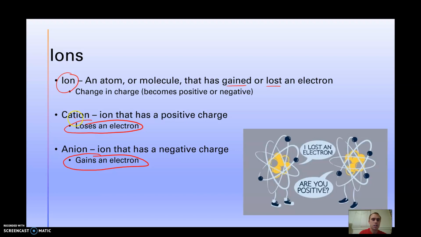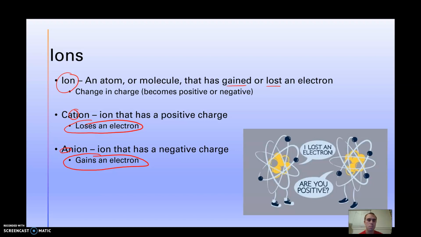Cations are positive, and in the word cation, the lowercase t gives you a plus sign to tell you that this is a positively charged ion. And in the word anion, your little crossbar on the A is a negative sign to tell you that anions are negative. Simple, easy peasy.